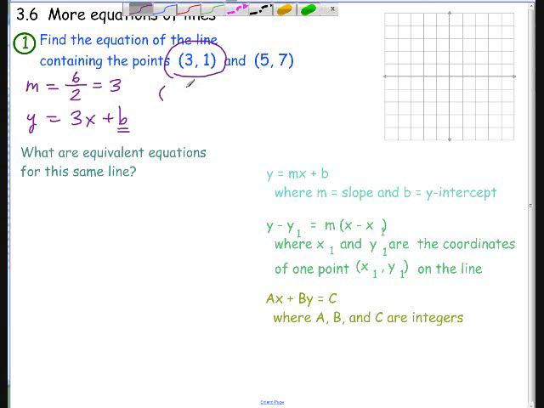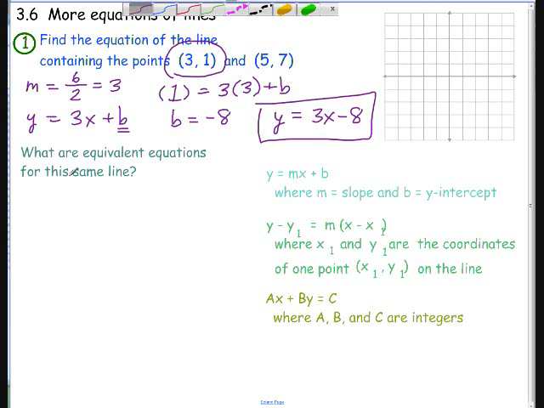So it's going to be my y, which is 1, equals 3 times my x, which is 3, plus b. So my b is equal to, this is 9. I subtract 9 from both sides, minus 8. My equation is y equals 3x minus 8.